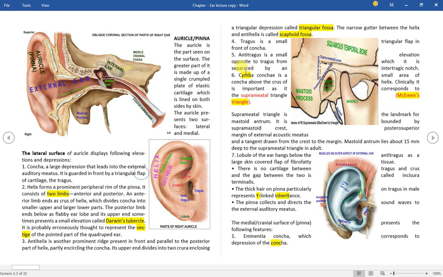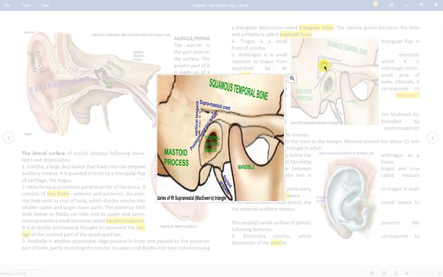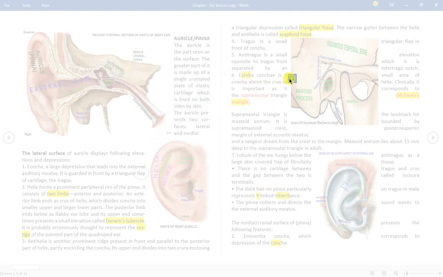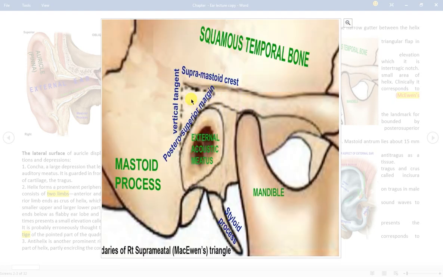It corresponds to the cymba concha. If you drill in this triangular area, you will enter the mastoid air cells that we will learn in the middle ear cavity. So if you carefully see the boundaries in the demonstration classes, this triangular area that is called suprameatal triangle or McEwan's triangle, it is above this external acoustic meatus.